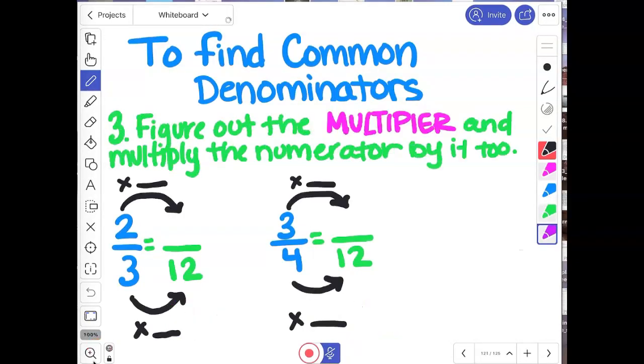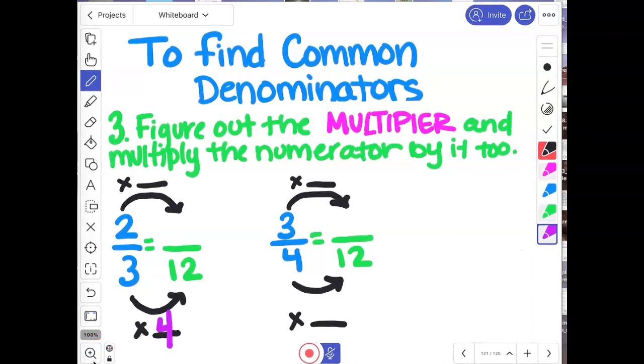The next part is to figure out the multiplier. That's a big tricky word that just means what we multiply by. 3 times what equals 12? Now, if you know your math facts, like Mrs. Harrison and Miss Zimmerman and I have been drilling into you, you know 3 times 4 equals 12.